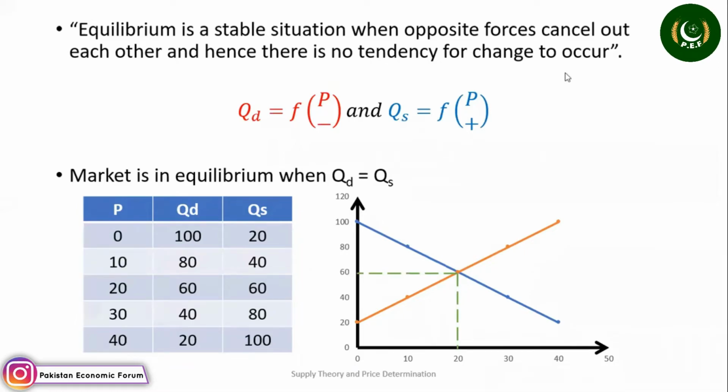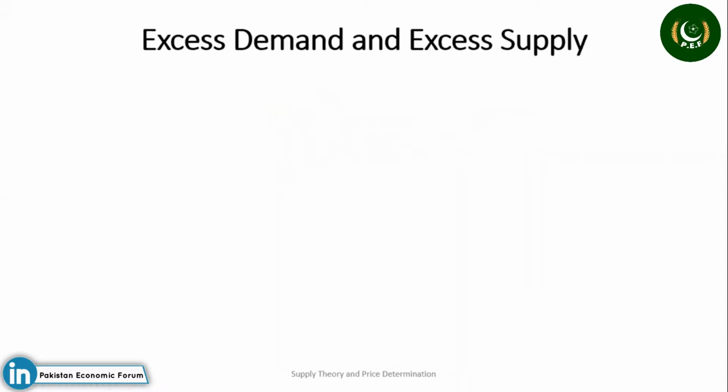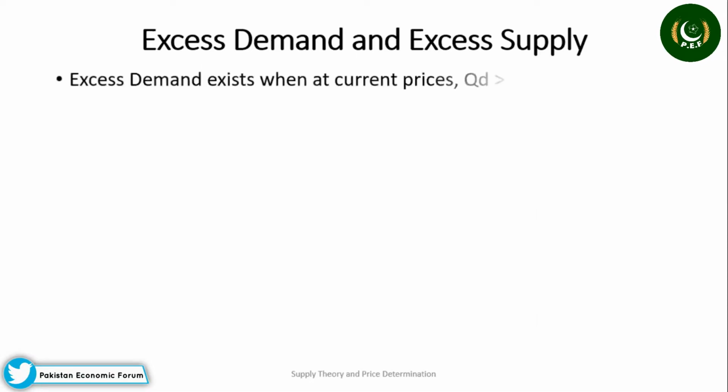Now let's see what happens when there is a change in either demand or supply. But before this, first we discuss excess demand and excess supply cases and how the market approaches equilibrium from either of these two conditions.